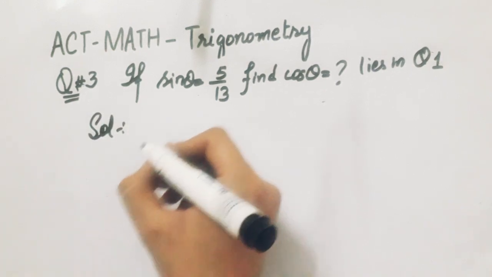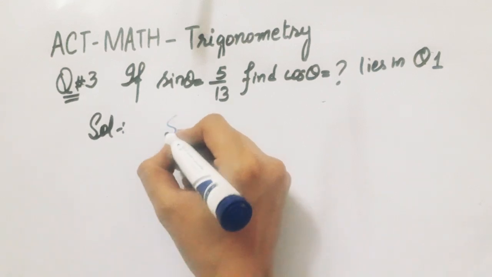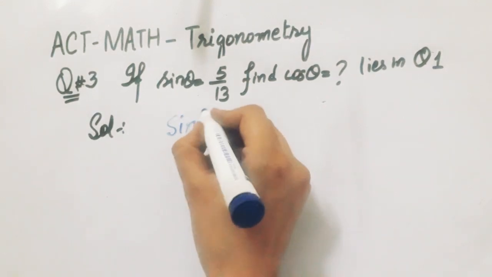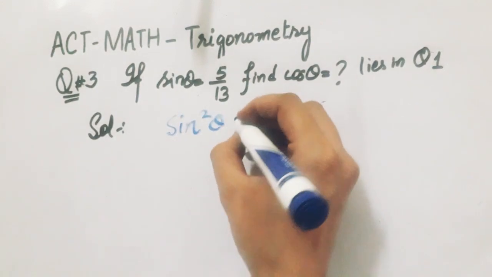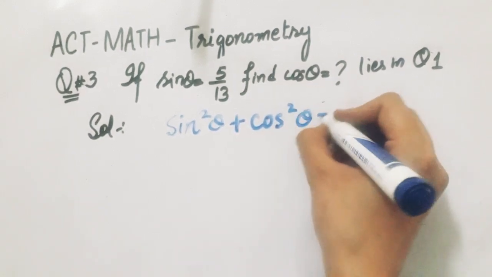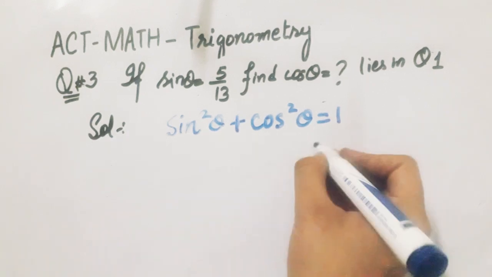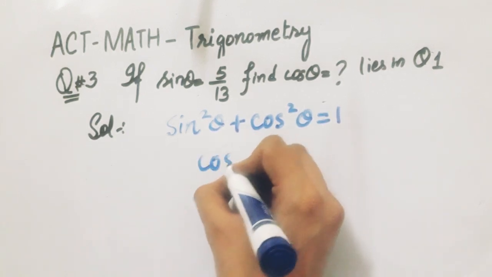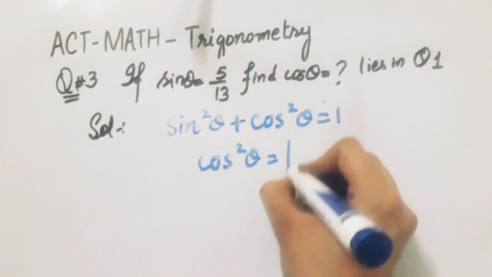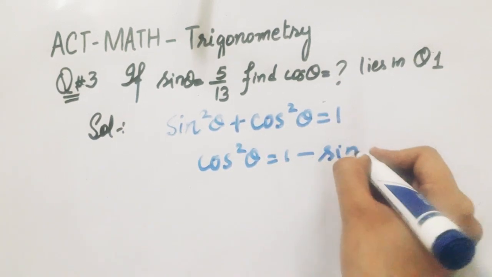So we will solve this using the trigonometric identity, that is sine square theta plus cos square theta is equal to 1. Now we have to find the value of cos square theta, which is equal to 1 minus sine square theta.